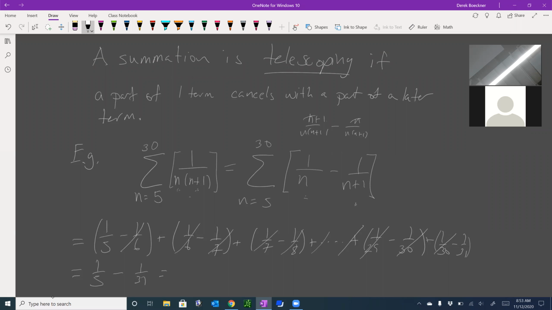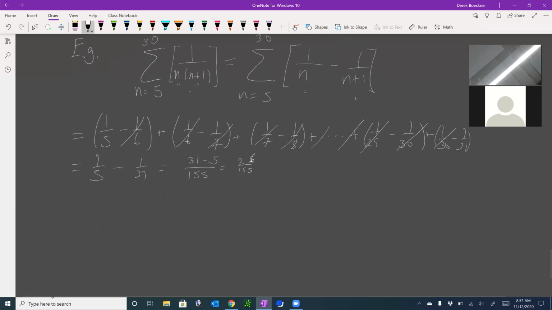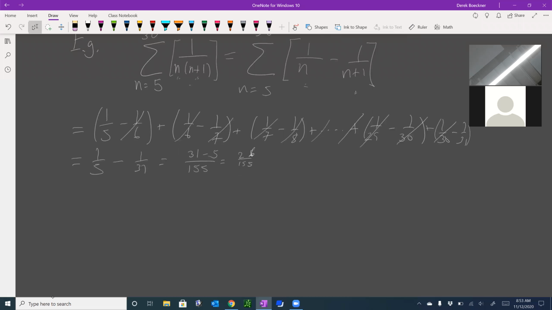And this is going to be 31 minus 5 over 155, which is 26 over 155, which I don't think 13 goes into 155. No, it wouldn't. So we'll get that. So that's a telescoping sequence.